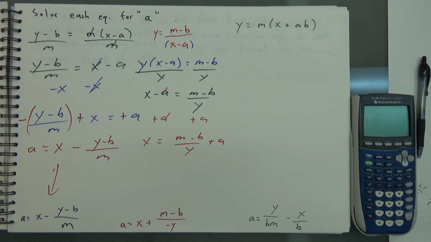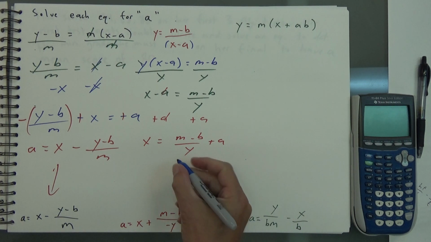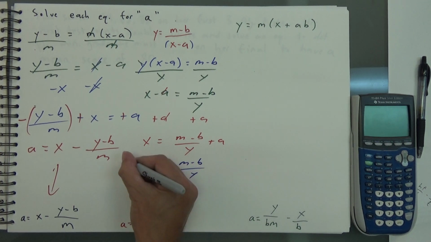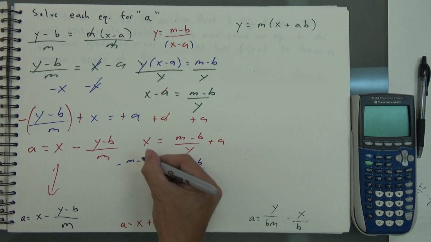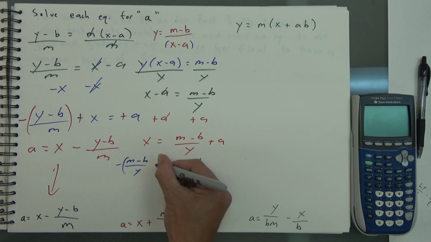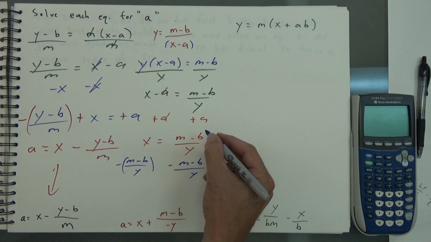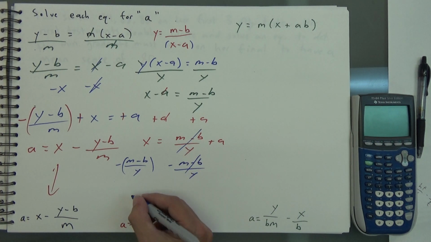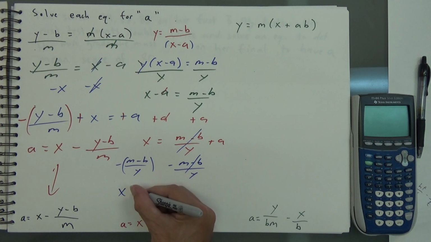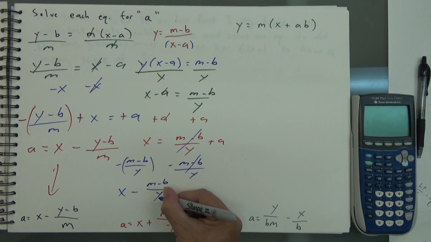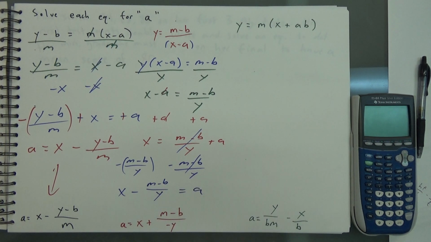And then I'm going to subtract m minus b over y. Running out of room a little bit, but what's going to happen is these go away, and I'm left with x minus m minus b over y equals a.